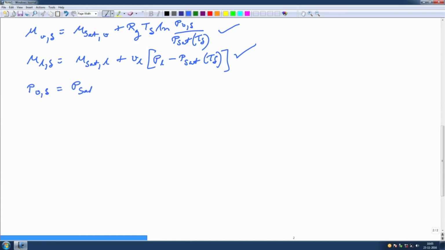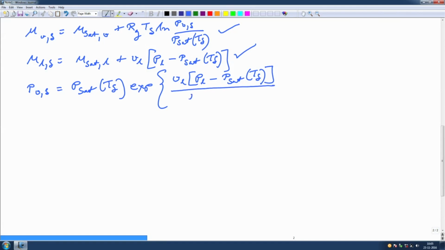So, it is P sat T delta times exponential of VL times PL minus P sat T delta, divided by Rg T delta. Got it? When you combine the two forms, that is what you get.